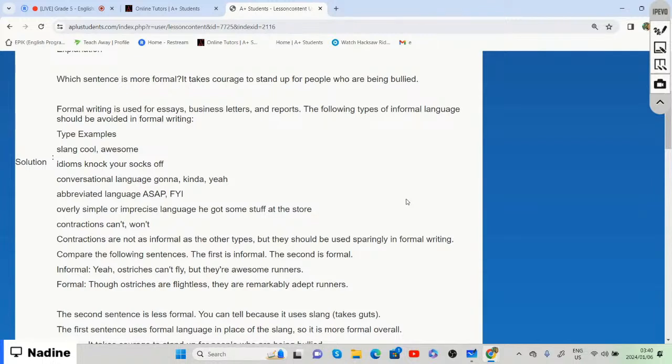How you write a letter to your friend is totally different to how you write a business letter, right? Because the way we speak, the slang that we use, all of those have to be avoided when writing an essay, because essays are formal, as are business letters and reports.